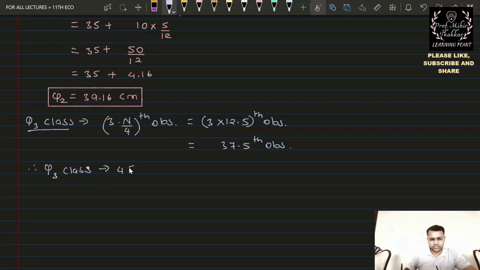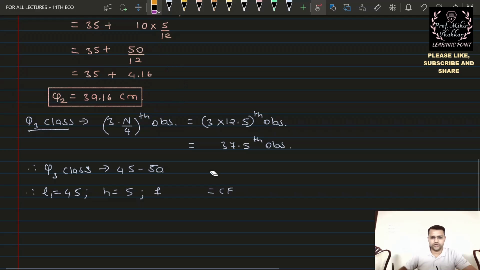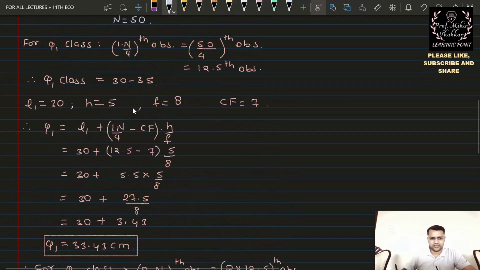We just now saw it is 45 to 50. Therefore, the lower limit over here is 45. The class width value over here is h, which is 5. So let us search for the frequency and the cumulative frequency values. What is the value of frequency for this class, my friends?